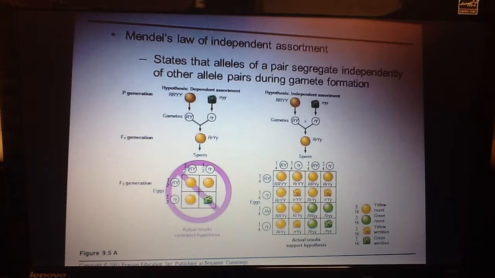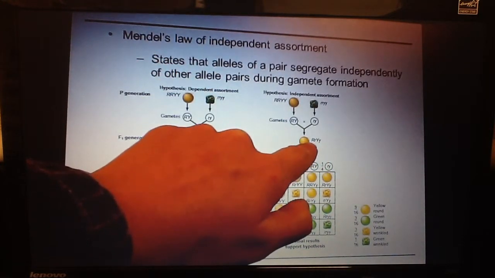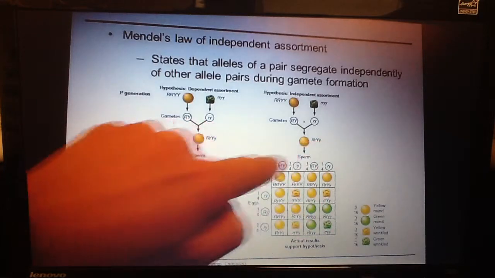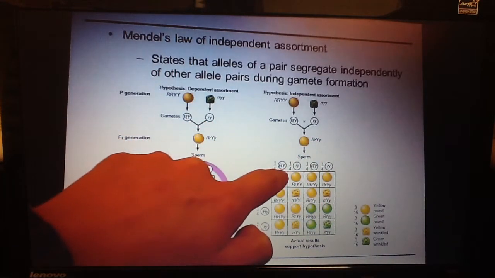Now what we're going to do is say, okay, what if this one were to reproduce? Well, we have to look at all the various combinations that can be made in the gamete, donating only one of the alleles. So this gamete can donate the first big R, and maybe it also donates the first big Y. So you're going to create the big R, big Y offspring.